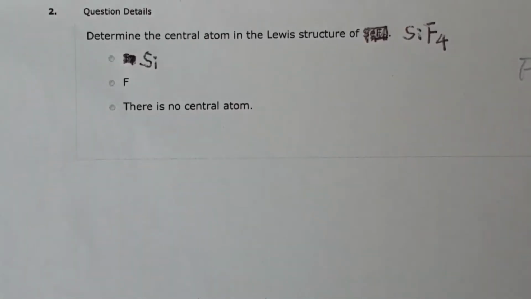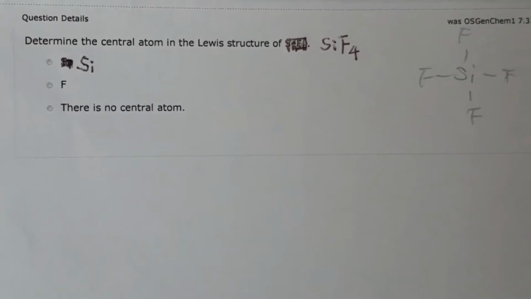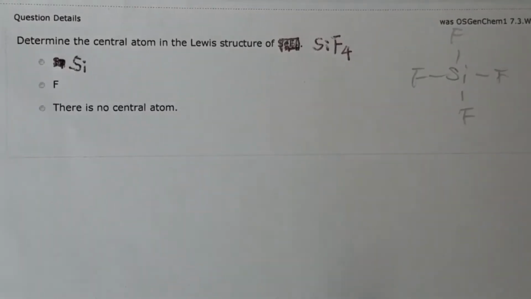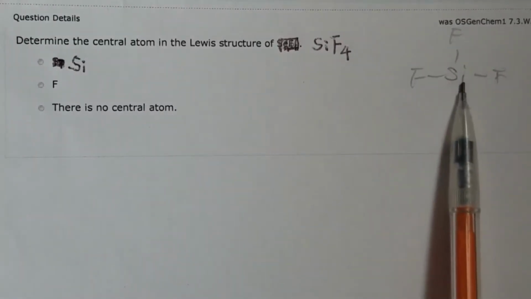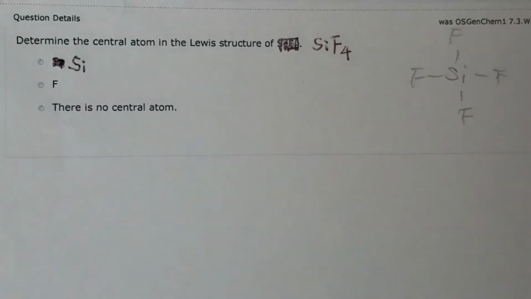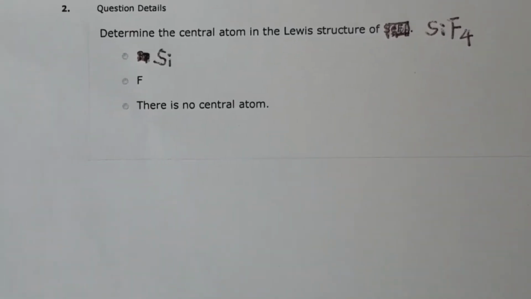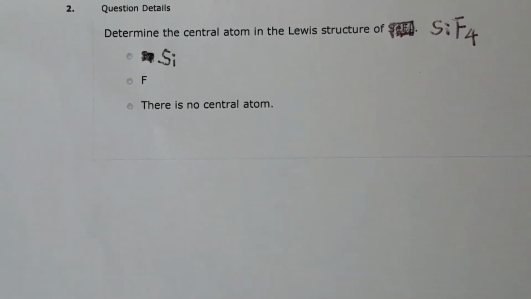And it's, oh, sorry, you could not see. So it's obviously, you see silicon is the one in the center. So that's the first solution. Therefore, silicon has to be the central atom. Okay.